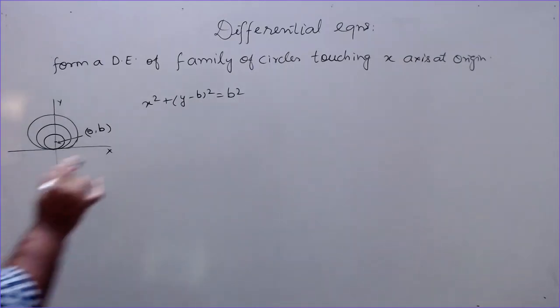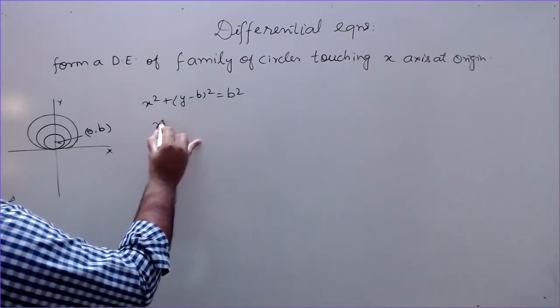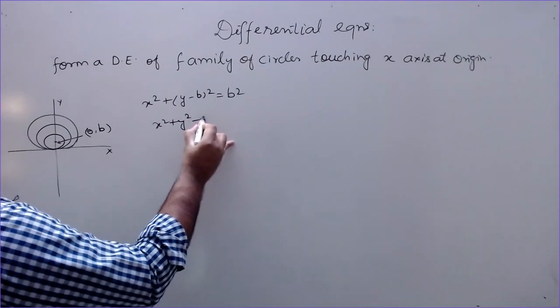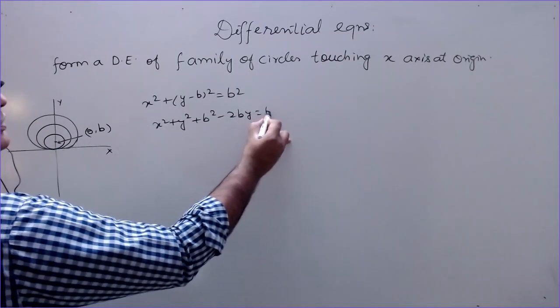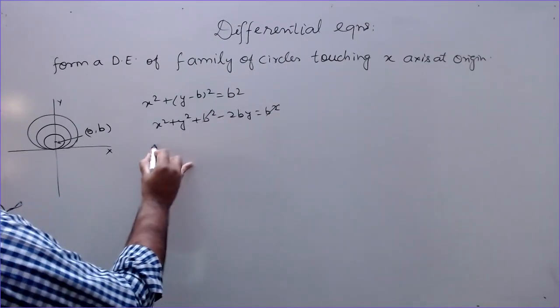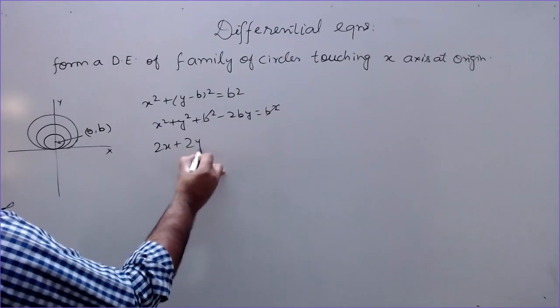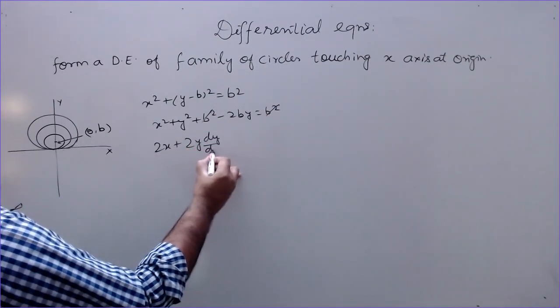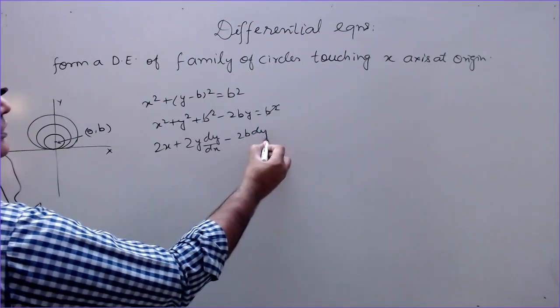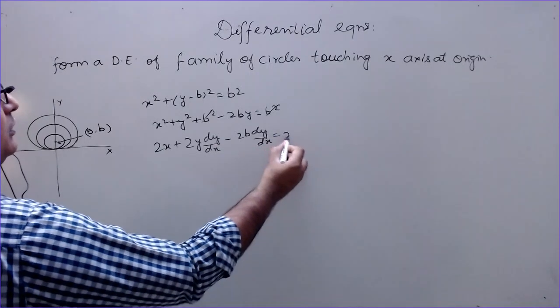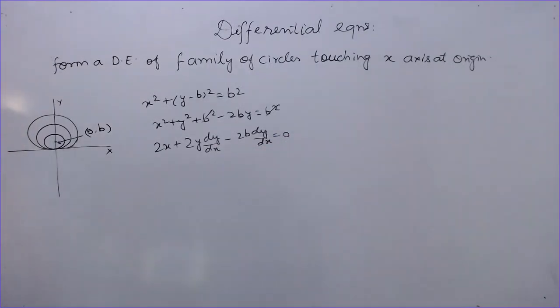Now this equation can be written as, differentiating both sides, equal to 0. So this becomes the differential equation.